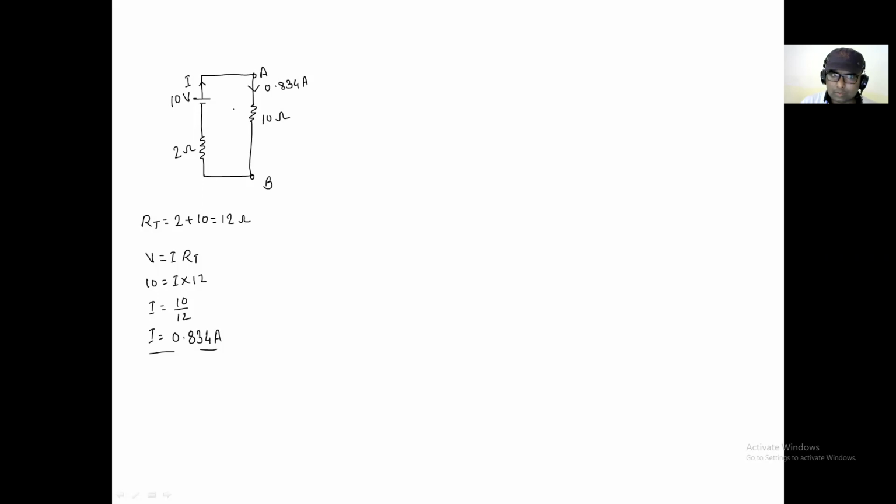If I consider this voltage as V1, then V1 is equal to I into 10, which is 0.834 multiplied by 10. So V1 is equal to 8.34. Okay. Is that clear?